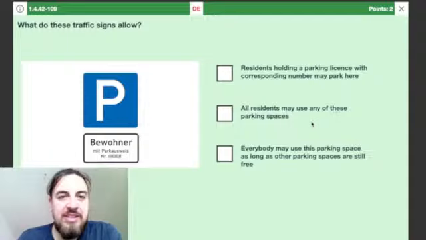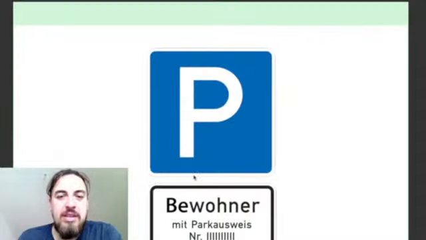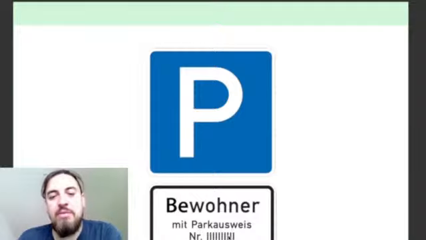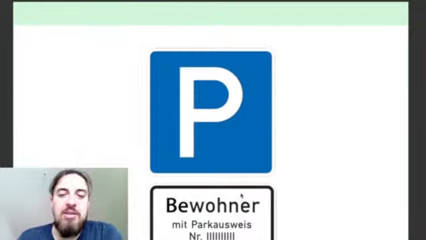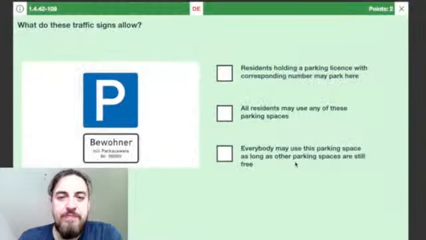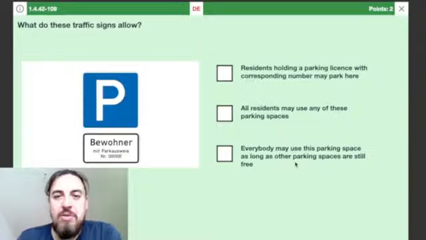What does this traffic sign allow? I will make it a little bit bigger. So, Bewohner mit Parkausweis, Nummer, whatever. So, residents with the parking document with a number are allowed to park there. So, what does the traffic sign allow? Residents holding a parking license with corresponding number may park here.